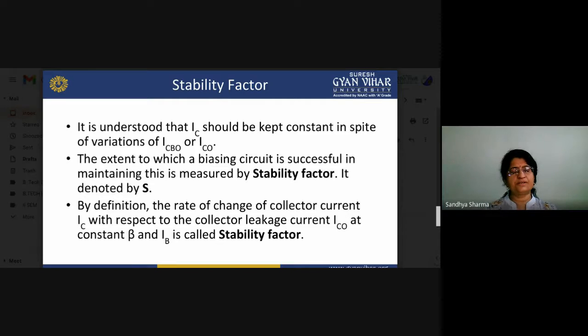So how can we maintain IC constant? According to that, our stability factor should also be maintained. By definition, the rate of change of collector current IC with respect to the collector leakage current ICO at constant beta and IB is called the stability factor.